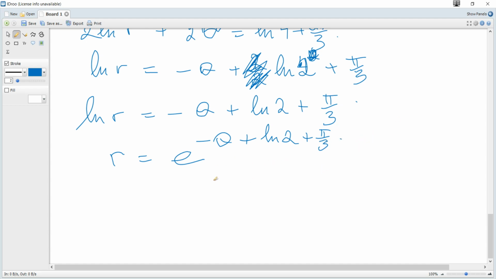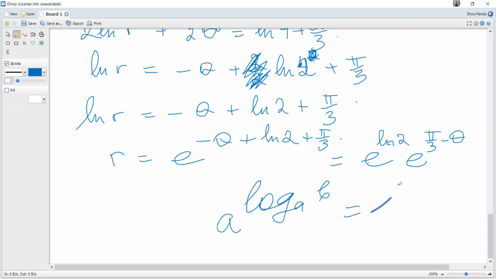So r is e to the power of minus theta plus ln 2 plus pi over 3. And it's like 2 to the power of 5 plus 3, it's 2 to the power of 5 times 2 to the power of 3, so we can rewrite it as e to the power of ln 2 times e to the power of pi over 3 minus theta, and e to the power of ln 2 is just 2, the property of ln, a to the power of log base a of b is just b.